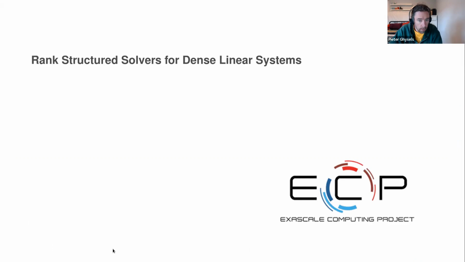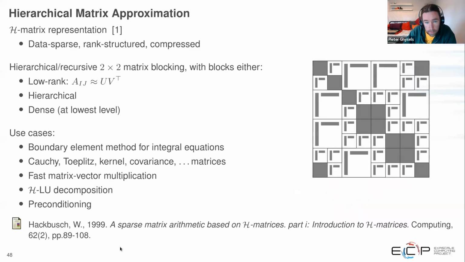So then I'll talk now about the preconditioners using rank structured approximation. First, I'll go over these rank structured approximations for dense linear systems. The most general rank structured format is the H matrix representation, as illustrated here. You can get to that by recursively partitioning the matrix in, say, 2 by 2 subblocks.